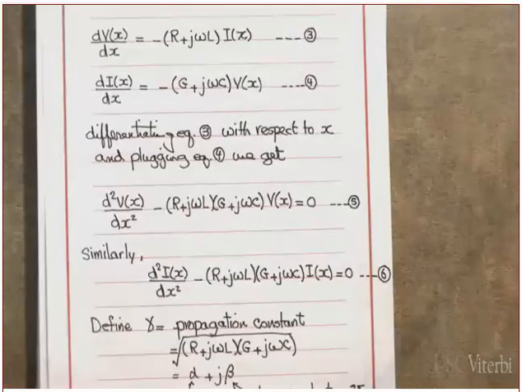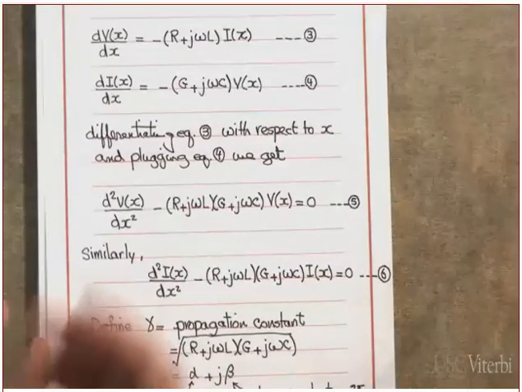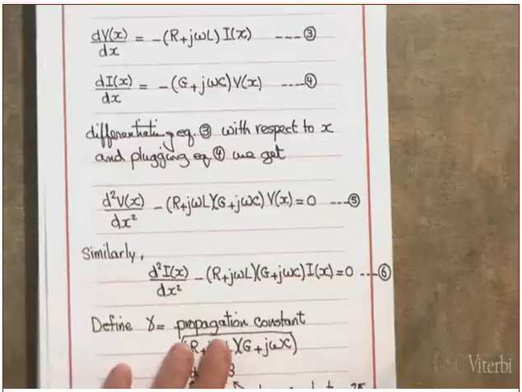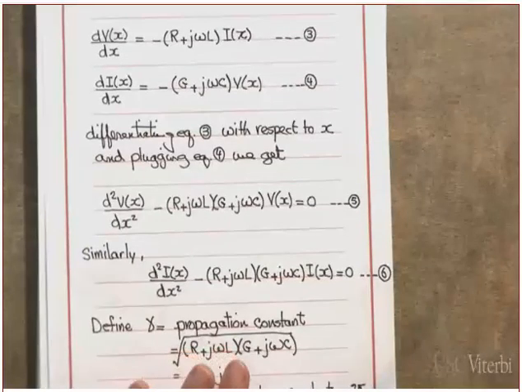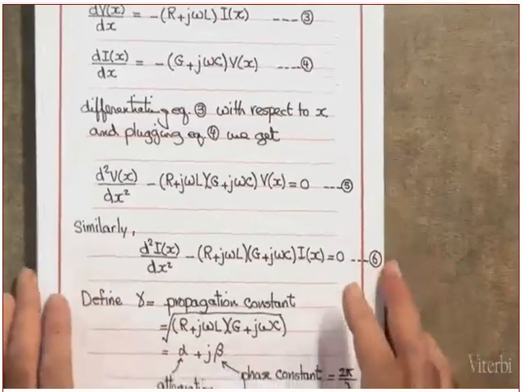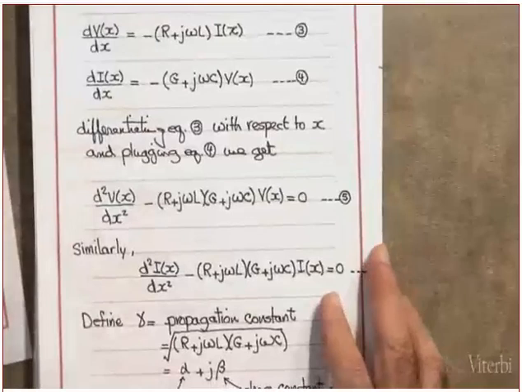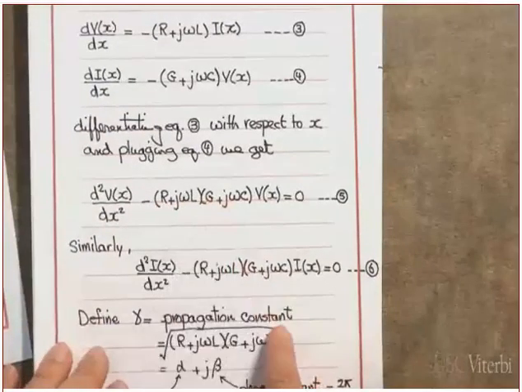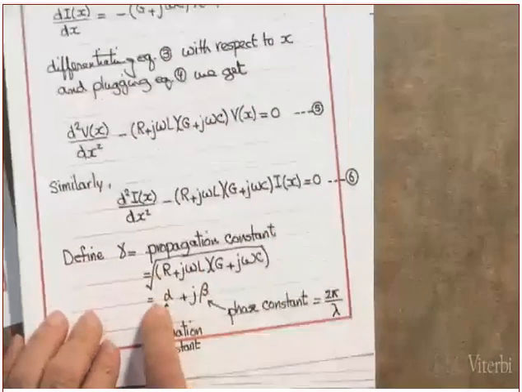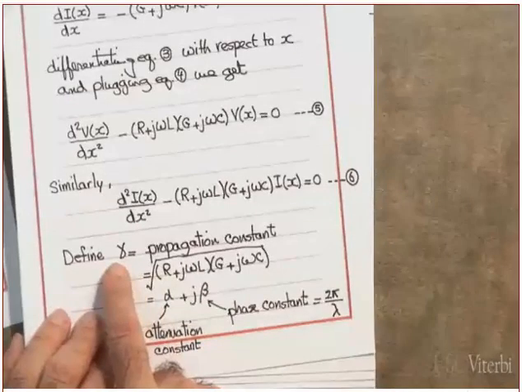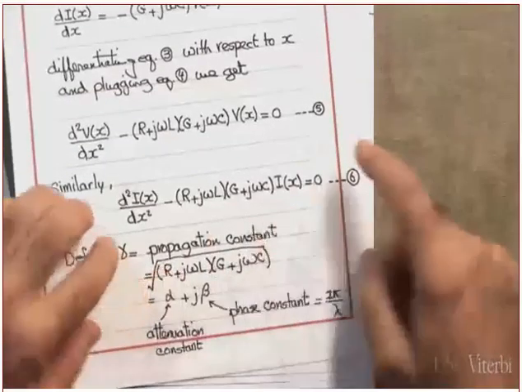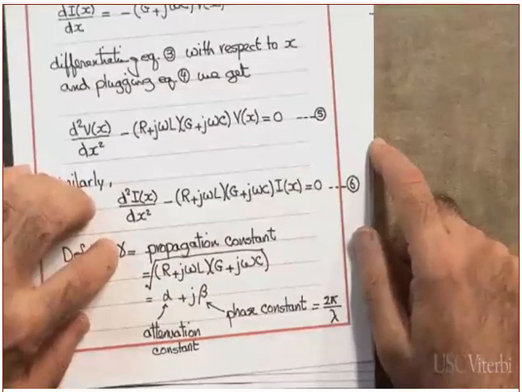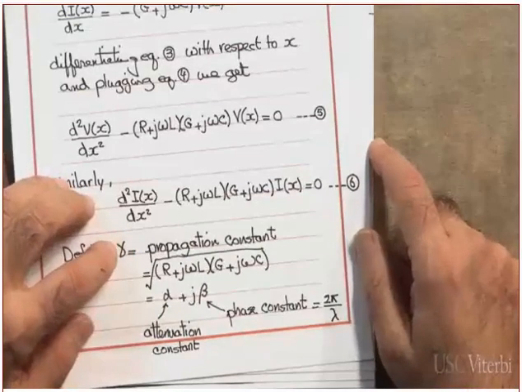We already know from calculus, or from differential equation classes, how to solve second-order differential equations. Now, first of all, we denoted the square root of R plus j omega L times G plus j omega C by gamma, which means what? Without the square root, what is this? Gamma squared. Now, you can see clearly that gamma is a what?